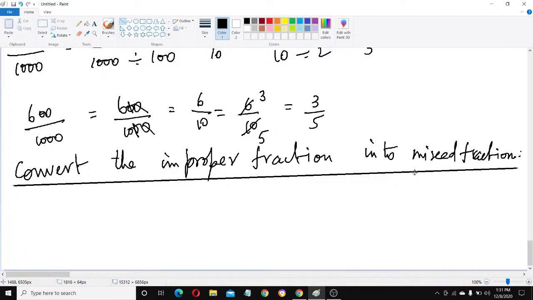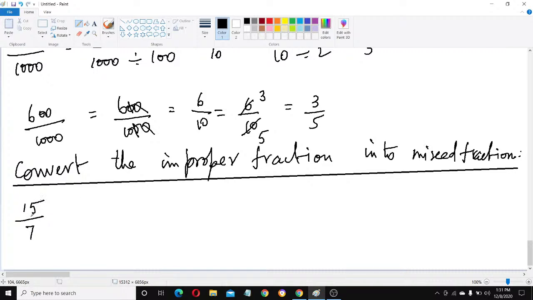Convert the improper fraction into mixed fraction. How do we convert improper fraction into mixed fraction? For example, 15 by 7.